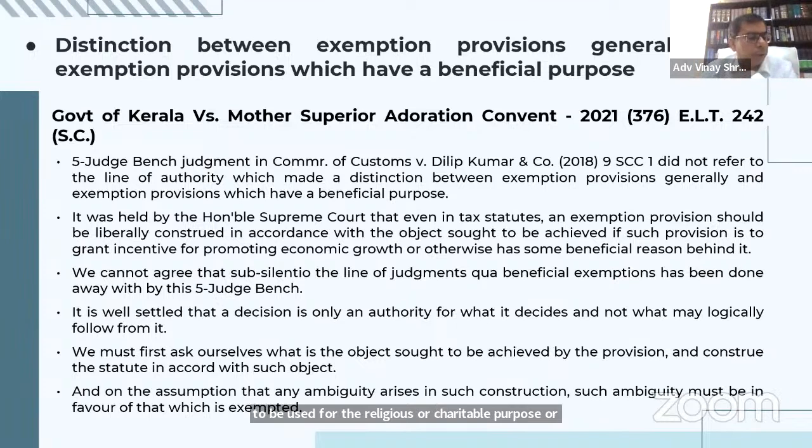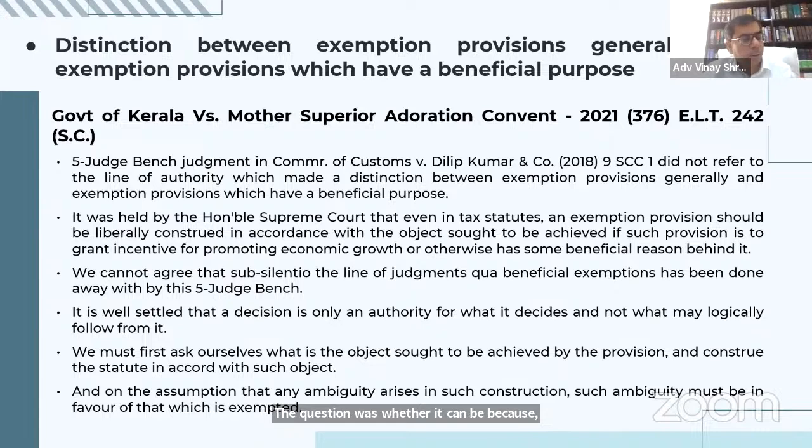Because the hostel of the educational institution was used for residence, and the residence for nuns was such a building. The question was whether it can be constituted to be a religious purpose or educational purpose.